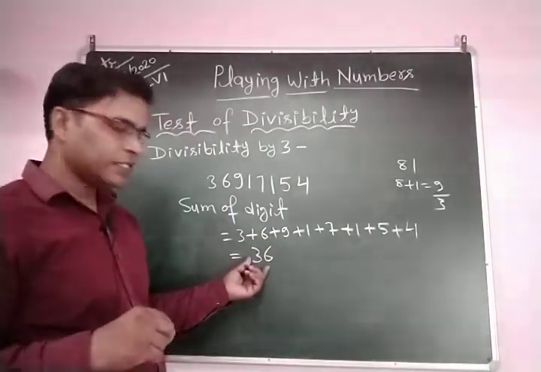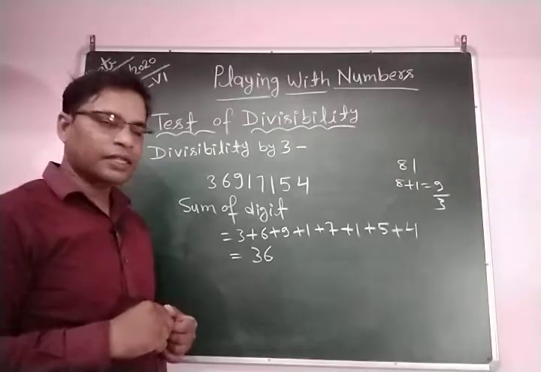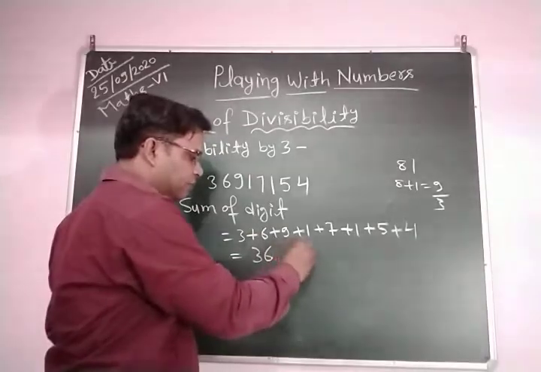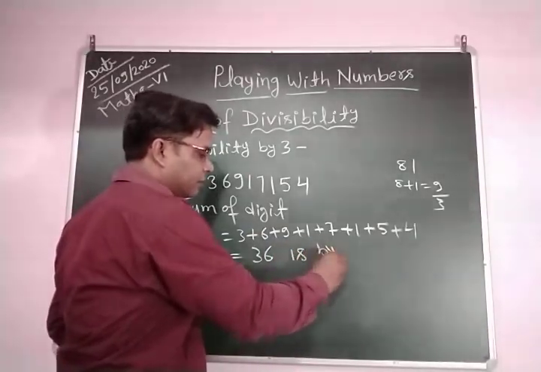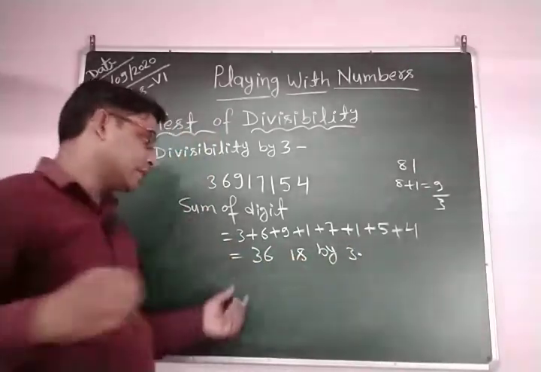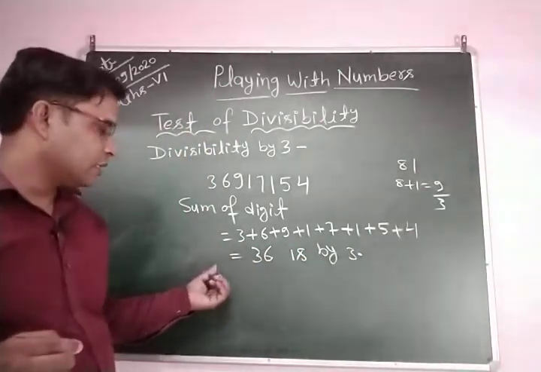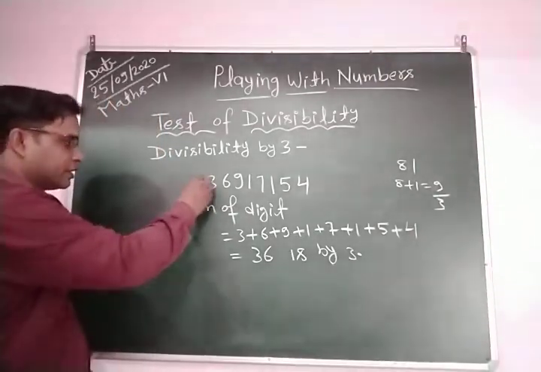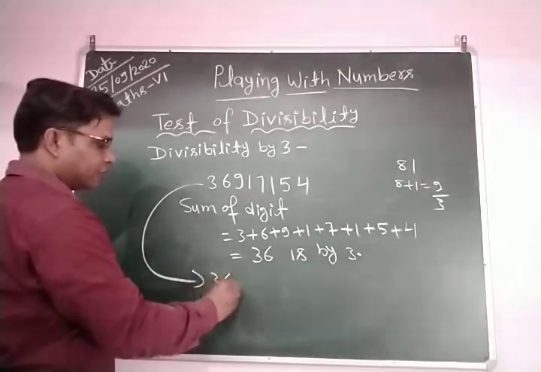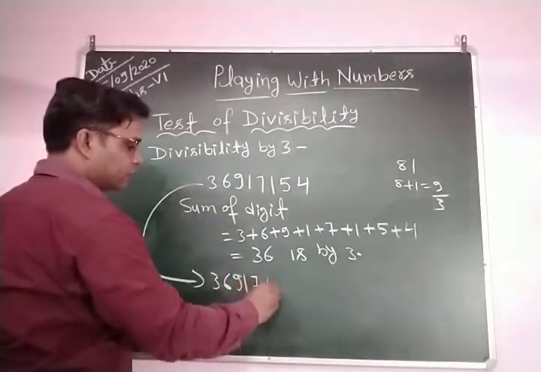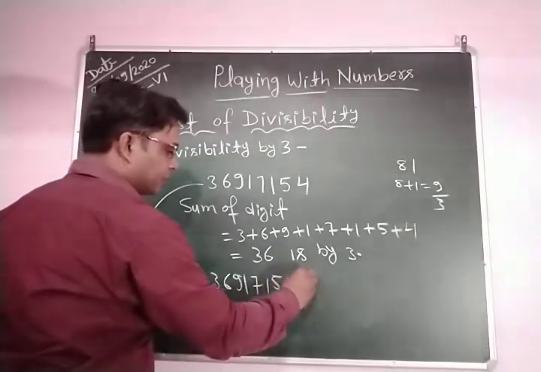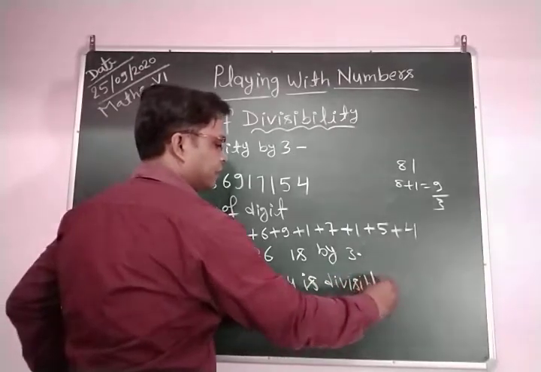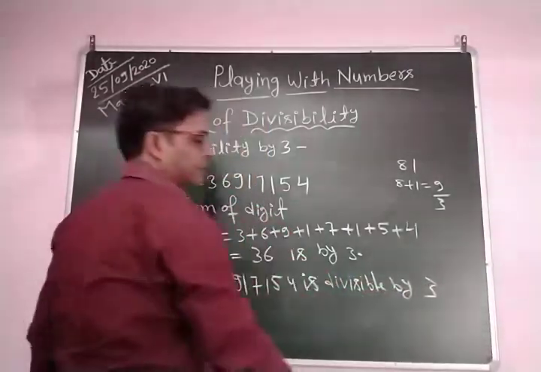So here you can see 36 is a multiple of 3. It means that 36 is divisible by 3, because this number is a multiple of 3. 3 divides 36 twelve times, so you can say this number 36917154 is divisible by 3.